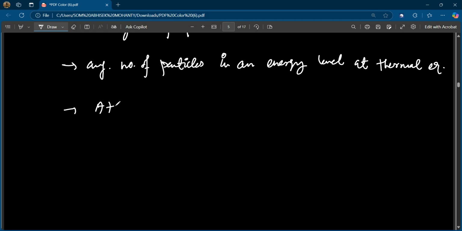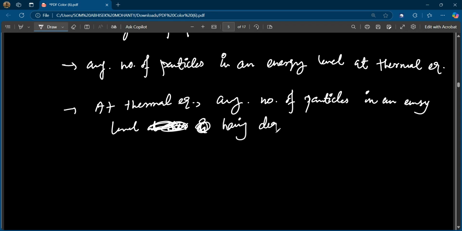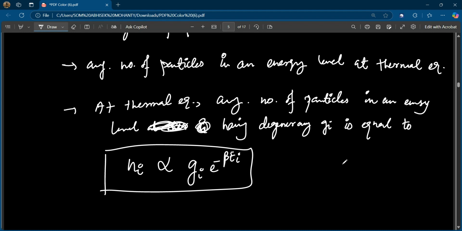So write it down. Beta is your 1 by kT, that is 1 by kB T, where kB is the Boltzmann constant.